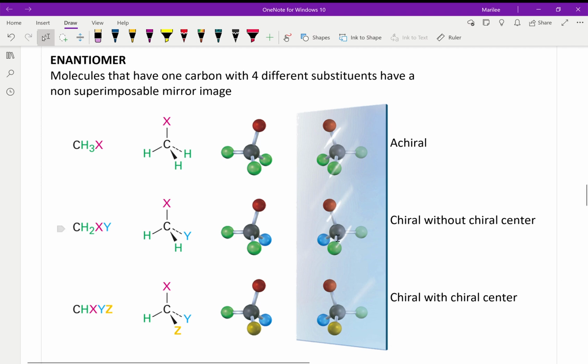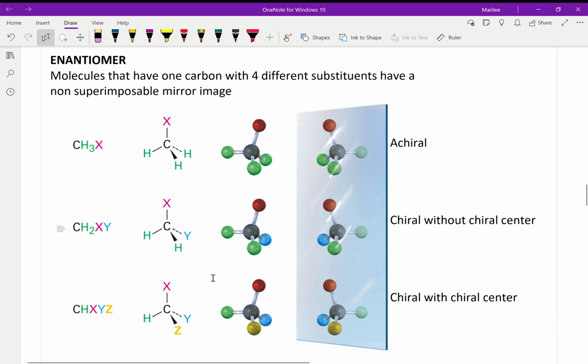If I take the left molecule and place it on top of the right molecule, it's not going to line up. It's going to be like our hands. So we have a chiral molecule, but we do not have a chiral center. And why is that? Because a chiral center has to be bonded to 4 different groups.